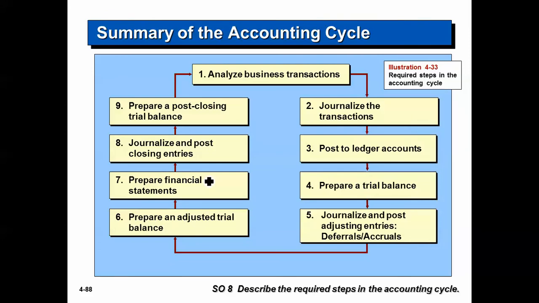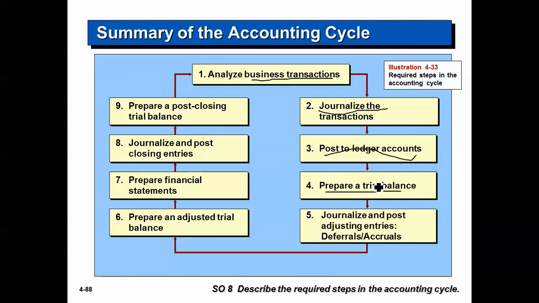So the accounting cycle. First of all, we analyze business transactions. That's what we're doing in chapter 3. Then we journalize those transactions, again in chapter 3 using the general journal. Then we post to the general ledger, or the ledger, the T accounts. Then we prepare a trial balance of the general ledger. But we know now that there's some transactions that have taken place that we have not recorded.